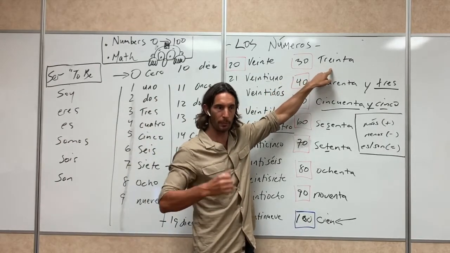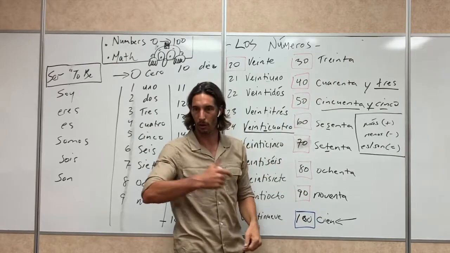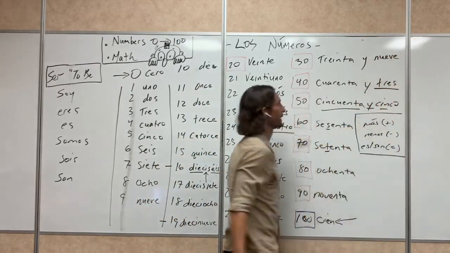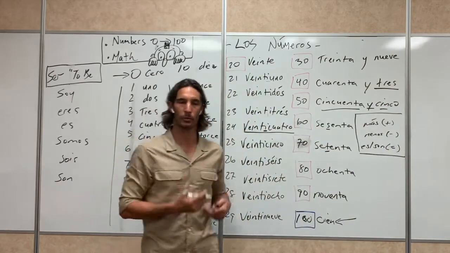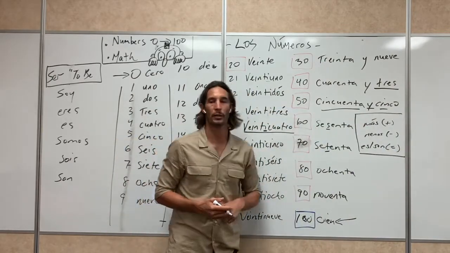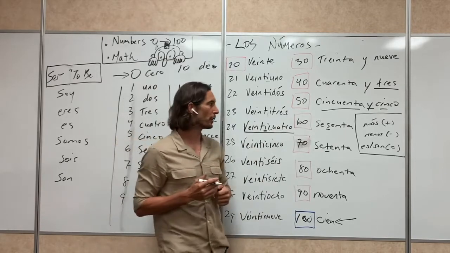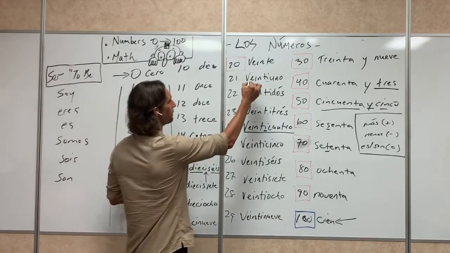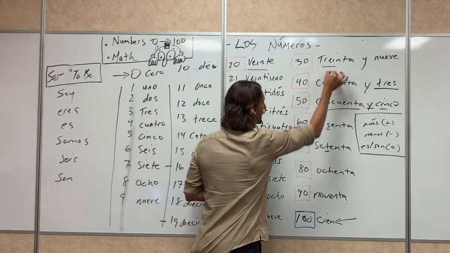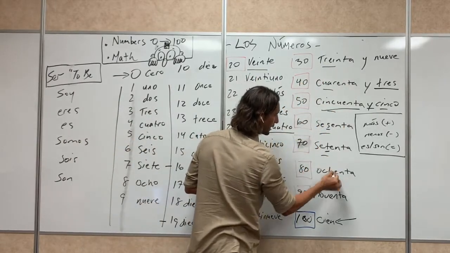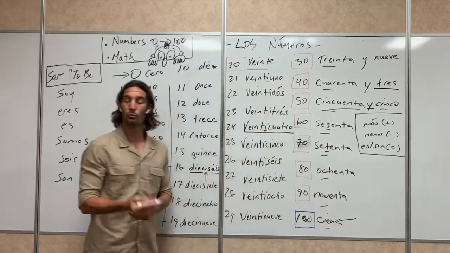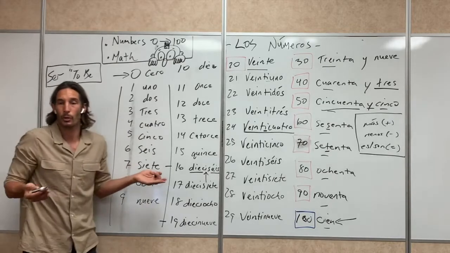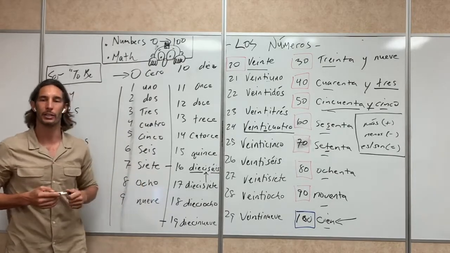So 31 would be 30 y 1, all the way through 39, and 39 would be 30 y 9, for example. And then, of course, it goes without saying, you move on to 40. And so the good thing about this is that if you can remember, say, 20, 30, 40, 50, 60, 70, 80, 90, 100, knowing those and then knowing 1 through 9, you really can dial in these numbers quite well.